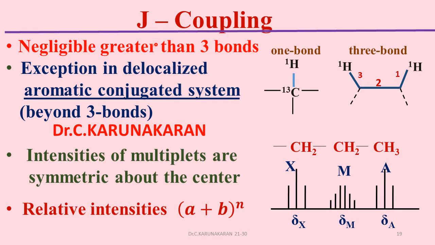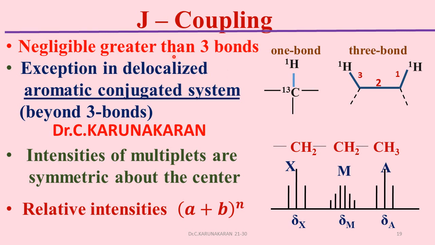As we have seen in the previous slide, the J coupling is negligible beyond 3 bonds. For example, I have shown here one bond coupling. This is 3 bond coupling: 1, 2, 3.